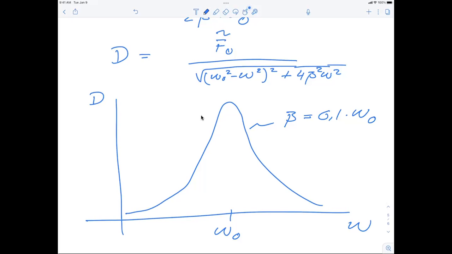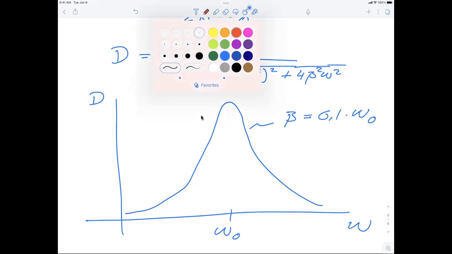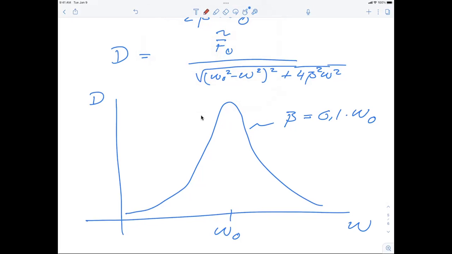Yes. So if I have a larger friction term with respect to the natural frequency of the system, my peak is going to get broader and it's going to be smaller. So let's change color here. What I would get would still be the same out here, but it would look more like this.